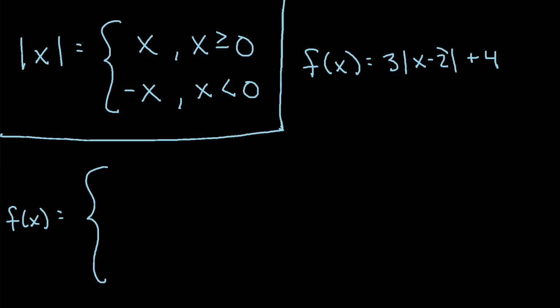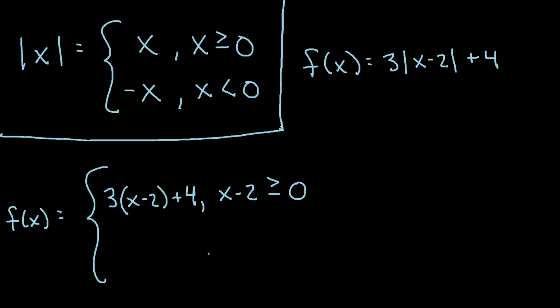So in this case, we have an x minus 2 inside the absolute value sign. So our first condition will be when x minus 2 is greater than or equal to 0. Now, when this condition is true, remember, we just return the positive version of whatever was inside the absolute value signs. So in this case, we're just going to return 3 times (x minus 2) plus 4.